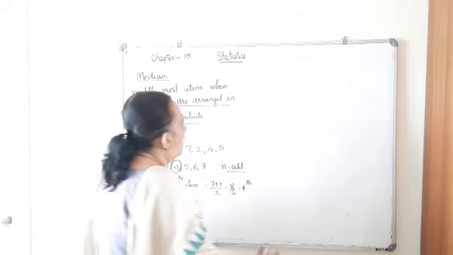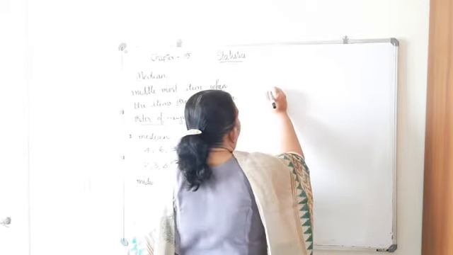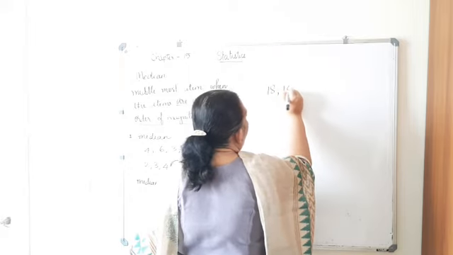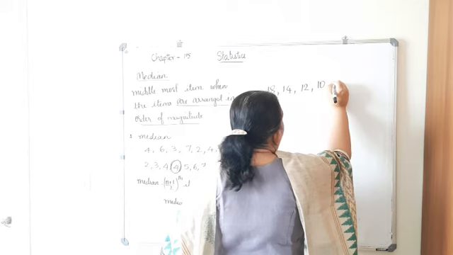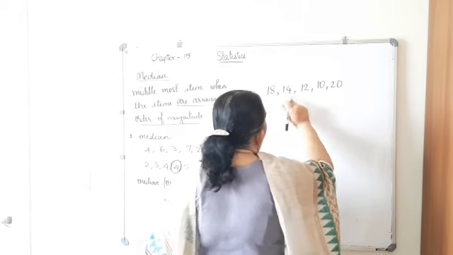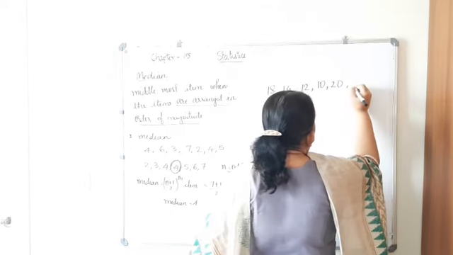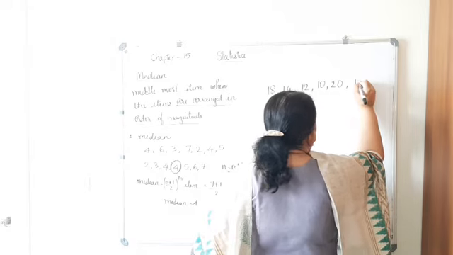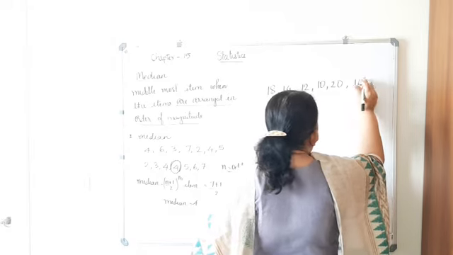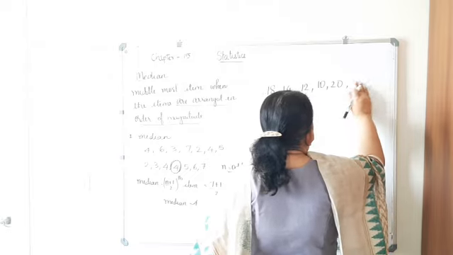Suppose you have some values like 18, 14, 12, 10, 20, 14, 8.